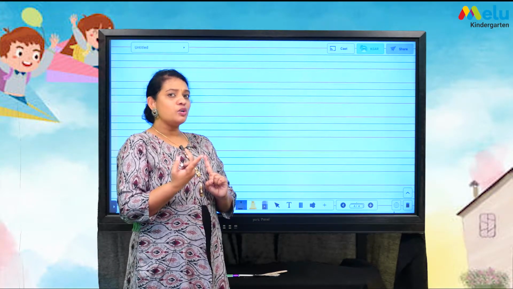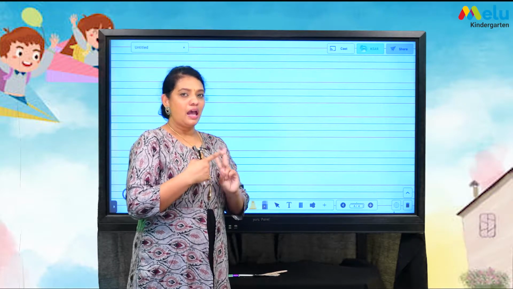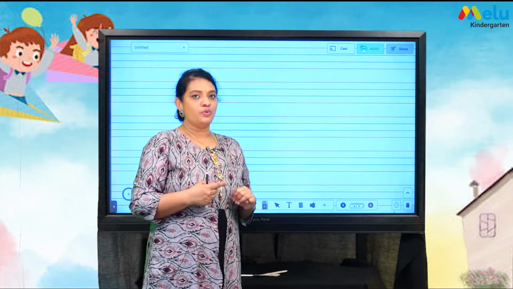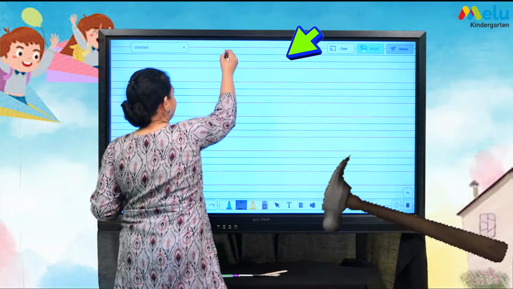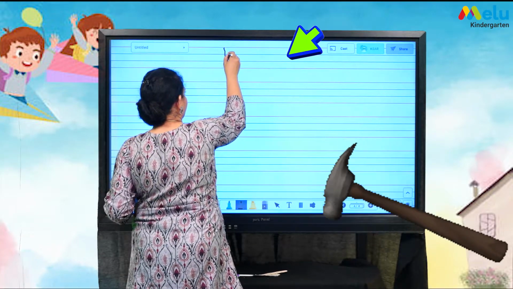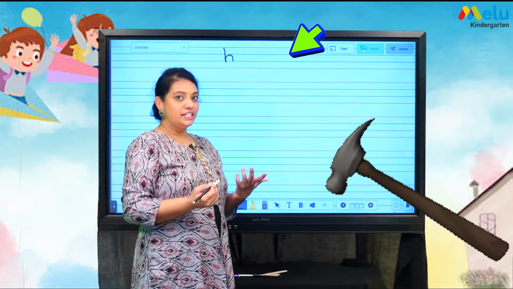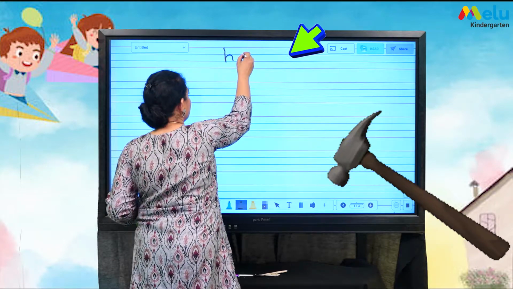So what all sounds are included, children? Right? So we will write the first sound, which is h, so you should write H. And the second sound is a. So which letter sounds a? Yes, it is A. Write A here.